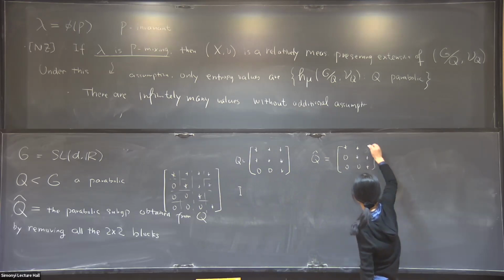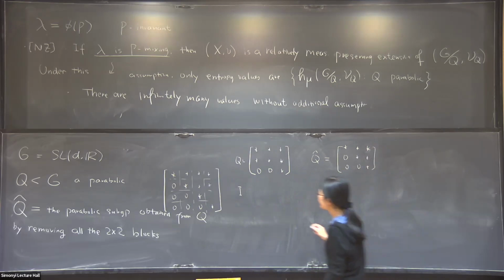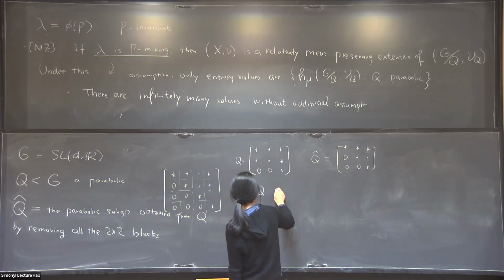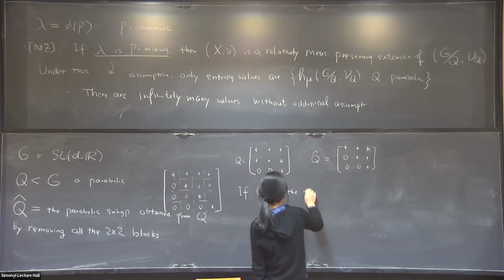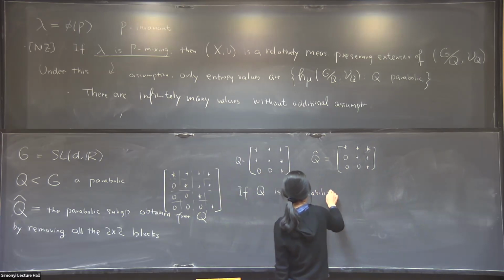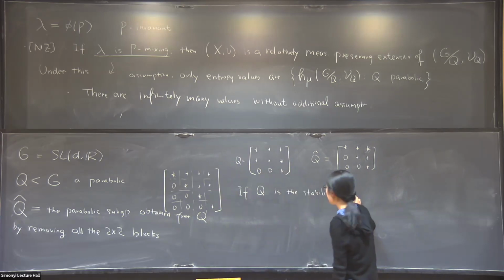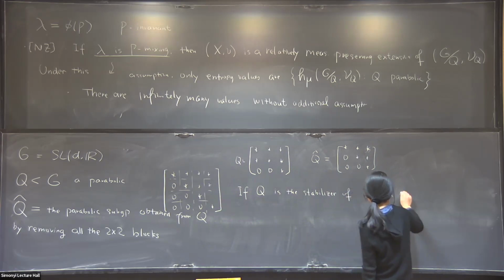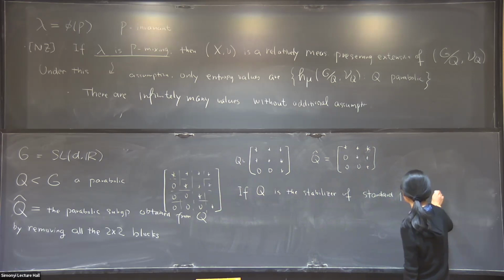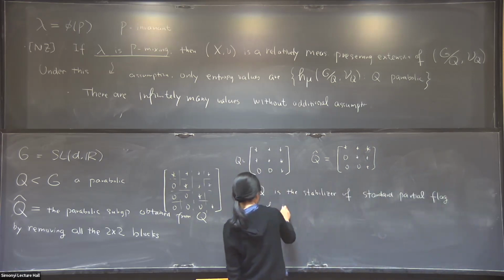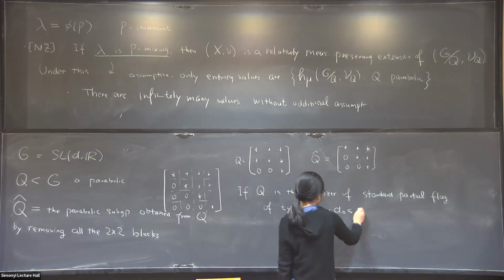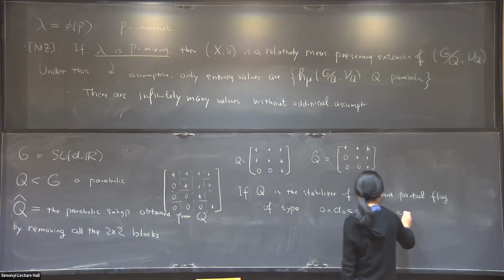So more precisely, if Q is the stabilizer of a standard partial flag, say of a type, let's write the type of the flag.